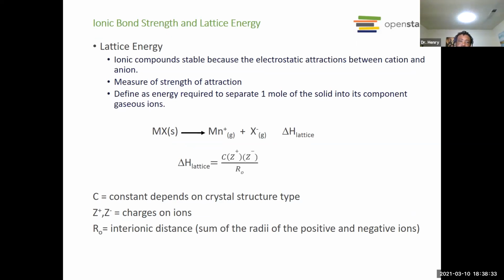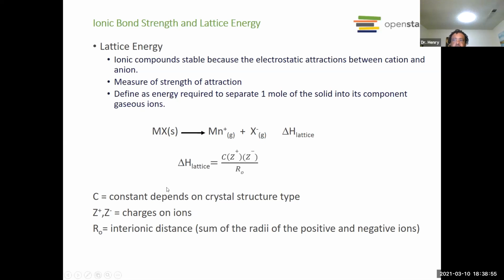Okay, so let's talk about lattice energy. Lattice energy is the energy when two ions are attracted to each other, so it basically measures the strength of attraction.